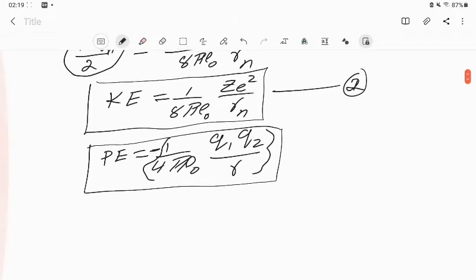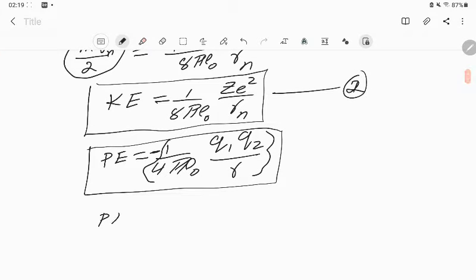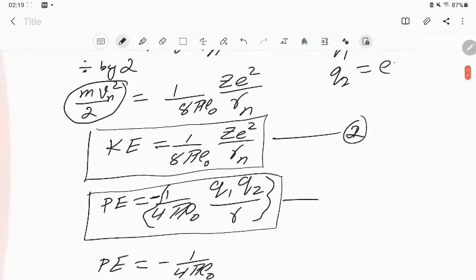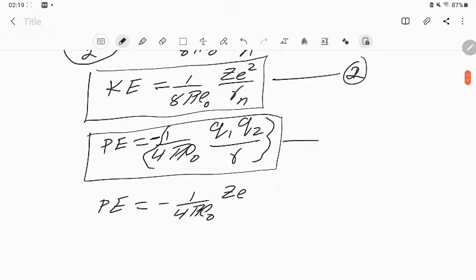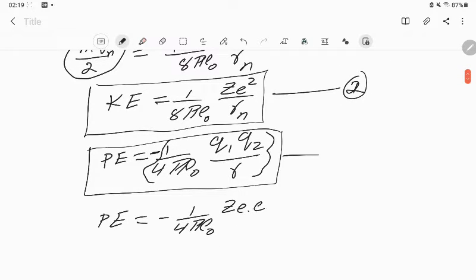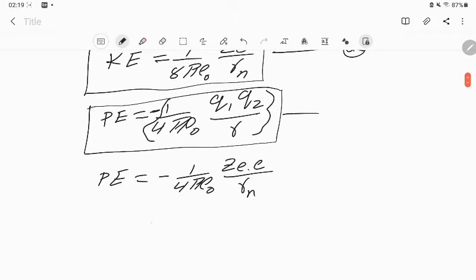So therefore potential energy will be PE equal to, using this formula, minus 1 by 4 pi epsilon naught, Q1 is Ze and Q2 is e, divided by r_n. Ze into e is Ze square. So this is the potential energy.